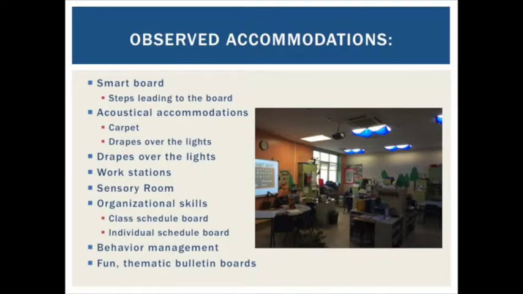While we were at the school, we observed a variety of resources that were utilized to accommodate the needs of the students, such as a smart board, acoustical accommodations, drapes over the lights, workstations, a sensory room, organizational skills, behavior management, and fun thematic bulletin boards, which showed that the classroom theme was campfire.